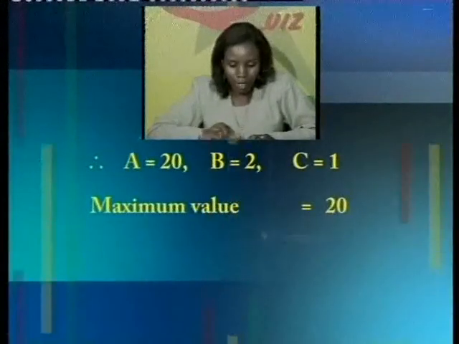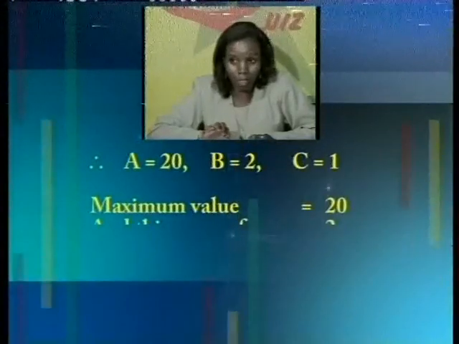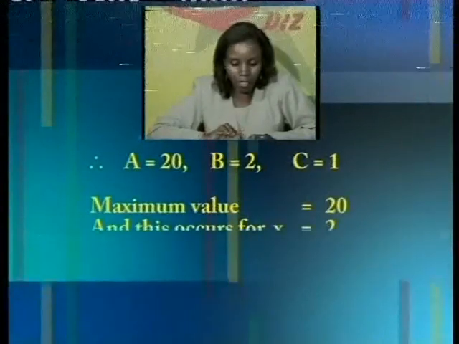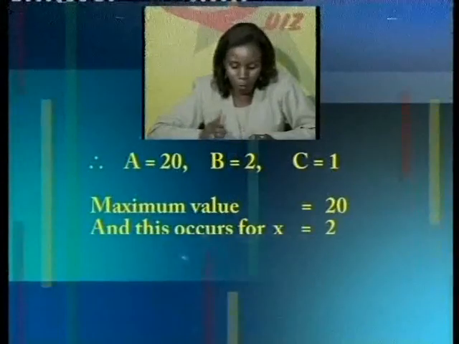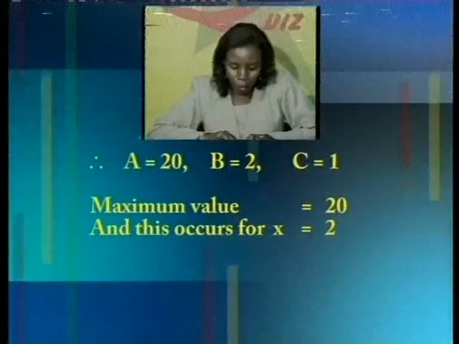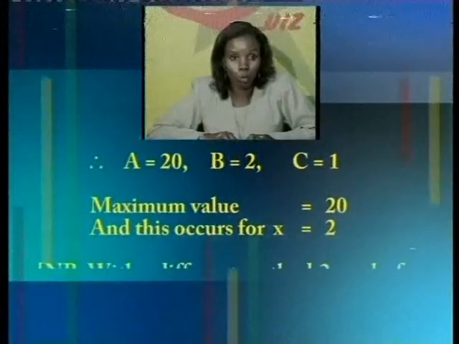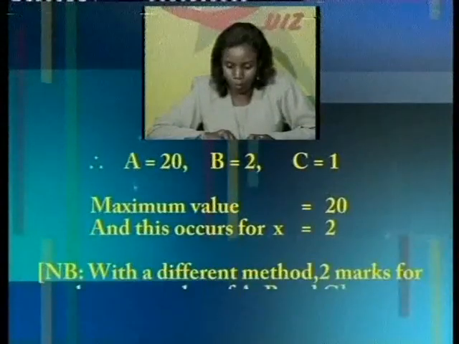If you set b minus cx to be 0, then that part of the expression falls out. And so the maximum value is equal to a, which we have found out is 20. If you look carefully, you will also understand that x is therefore 2 when you have your maximum value.